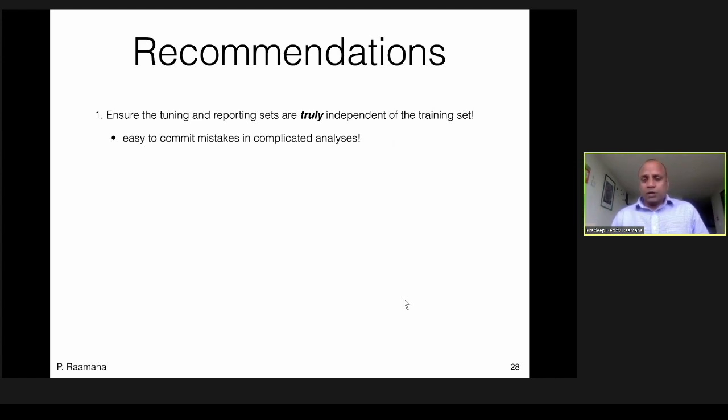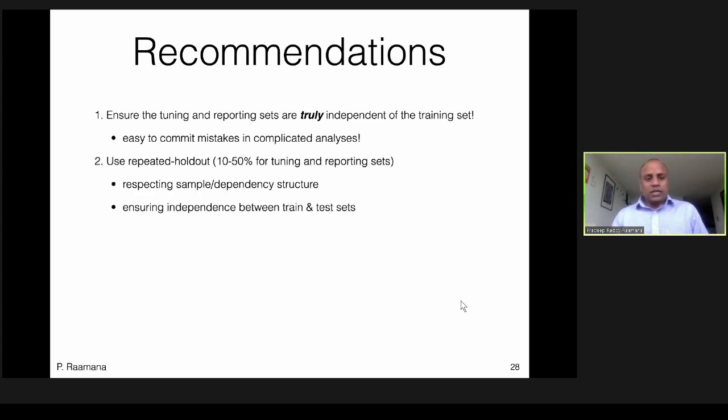Although some people are aware of this, it's actually very easy to make mistakes when the analyses get complicated, especially when you have multiple dimensions of splitting in terms of subjects, sessions, runs, trials, etc. Often terminology can get confusing and programmatic mistakes can be made, which is why testing your implementation is very important.